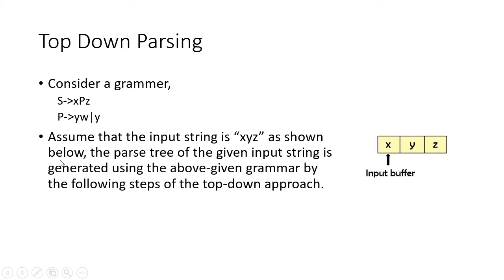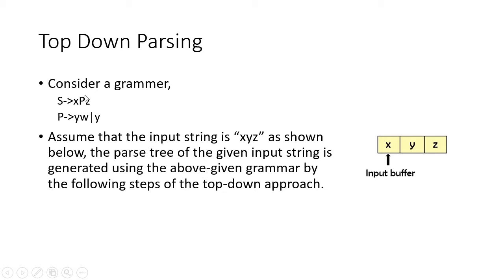Suppose a grammar is given as S derives XPZ, and P derives YW or Y. Remember, one very important thing here is that the small letters X, Z, Y, W are all terminals, and the capital letters S, P are non-terminals. Non-terminals always extend towards the next line.